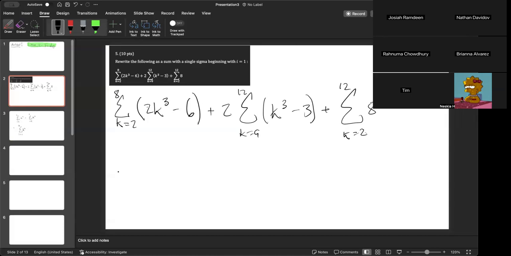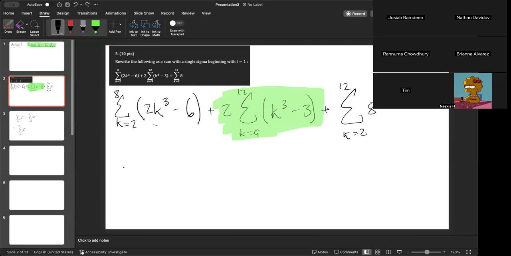Okay, I'm going to do some manipulations regarding this middle term to make it look more like the term over here. I see this k equals 9 to 12, and I see that this is from k equals 2 to 12, and I think, okay, I probably want to combine these two. But this term looks very different than this term, but actually they're the same because of this 2 here.